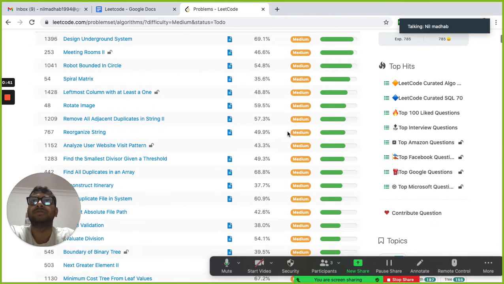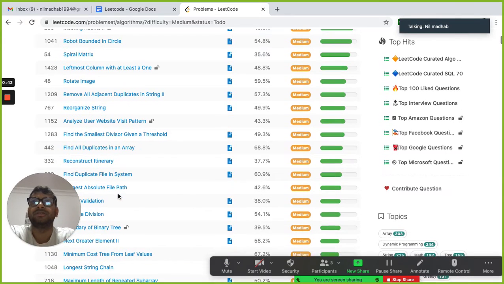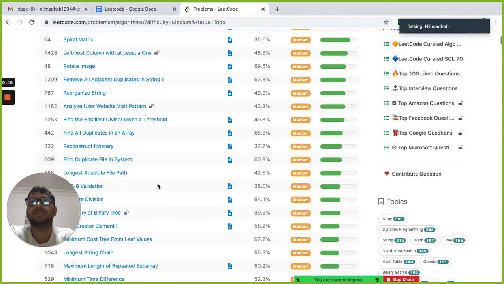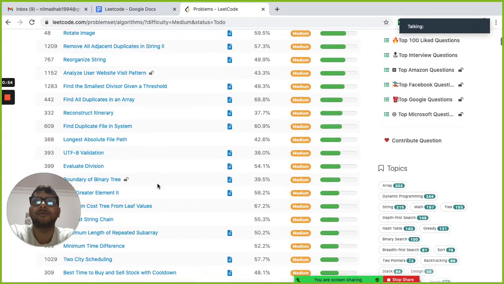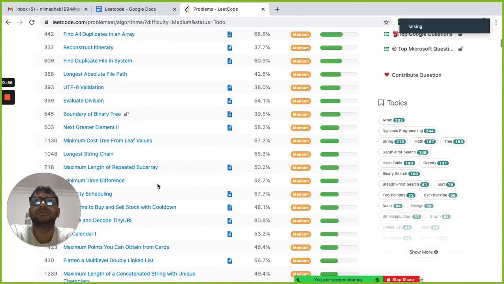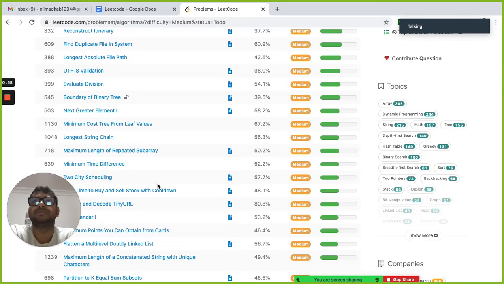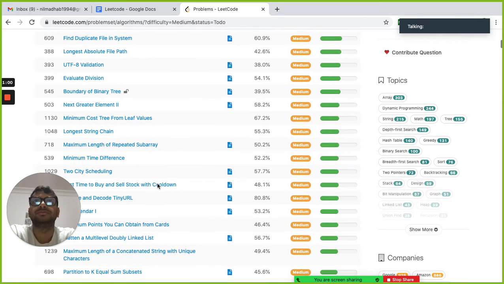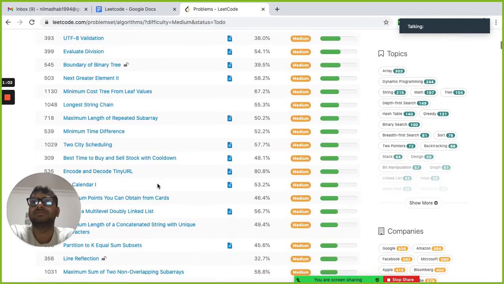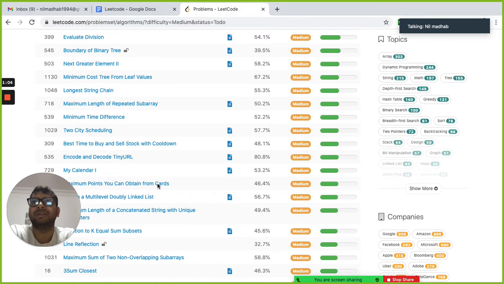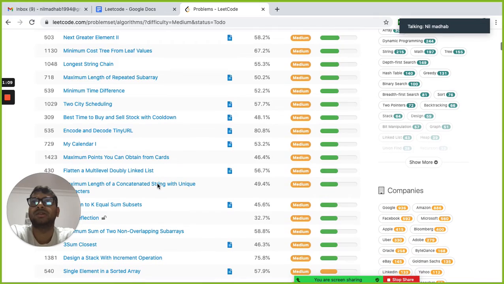Okay, so we have these questions. You can choose any questions. Which one you want to solve? Longest time difference to city scheduling, best time and start with cooldown.